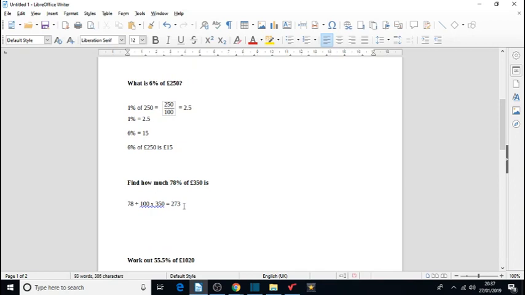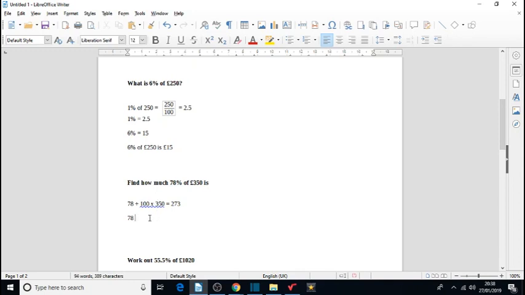So 78 divided by 100 multiplied by 350 is 273. You might not want to do that in one go because the calculator could get the operations confused, if you're familiar with BIDMAS or BODMAS: brackets, indices, division, multiplication, addition, subtraction. When you're dealing with two different operations, you do division first and then multiplication.